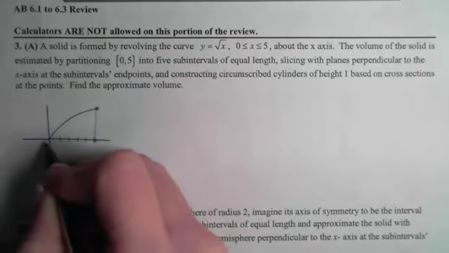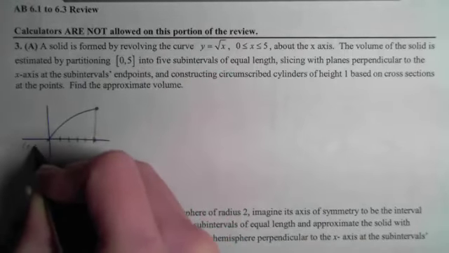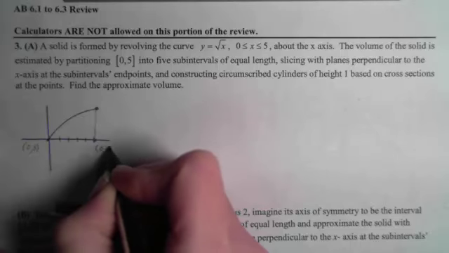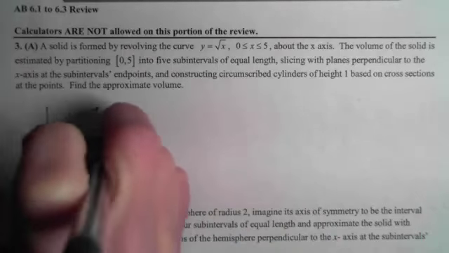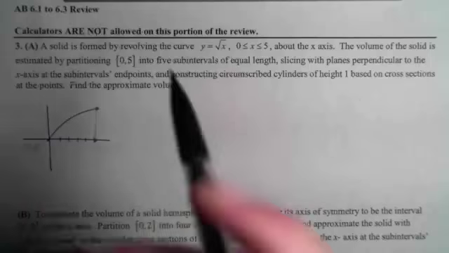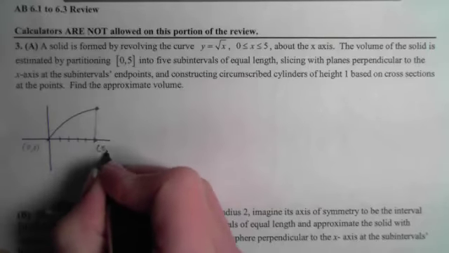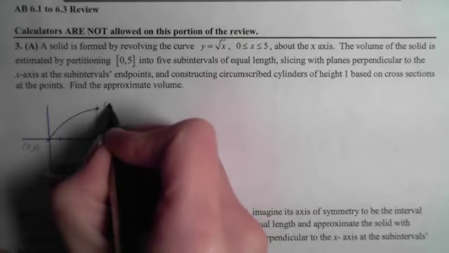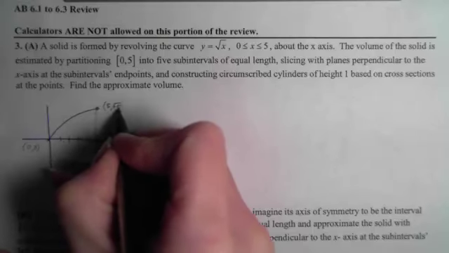If we label our intersections, we've got a 0, 0, a 5, 0, and a 5 root 5.